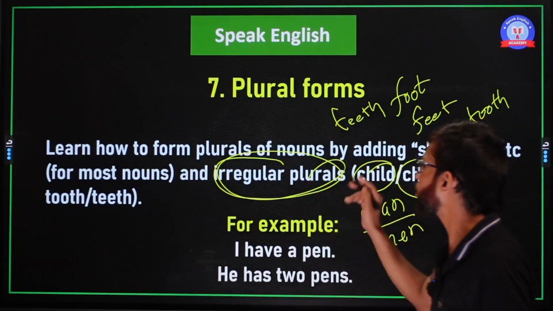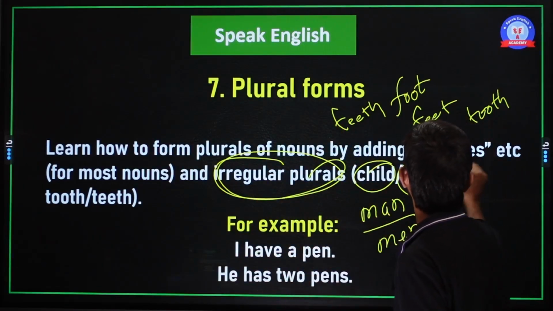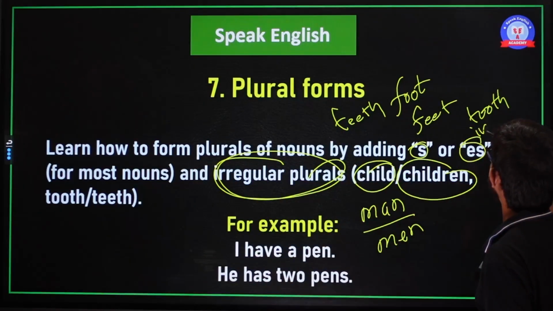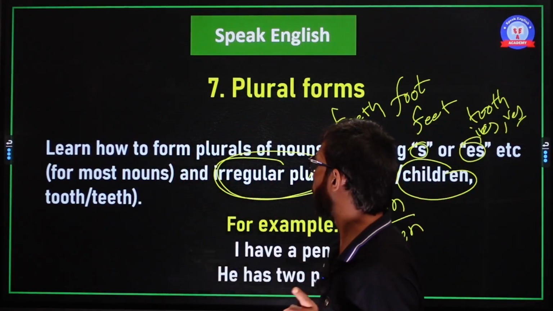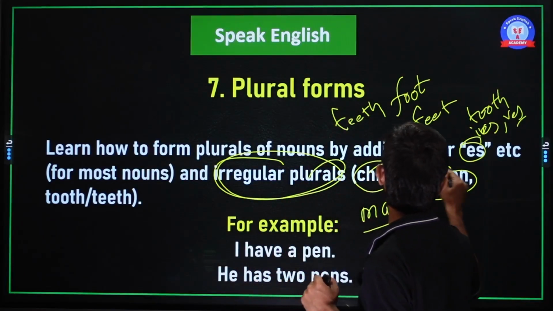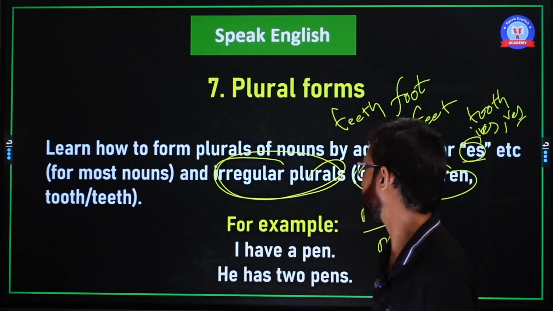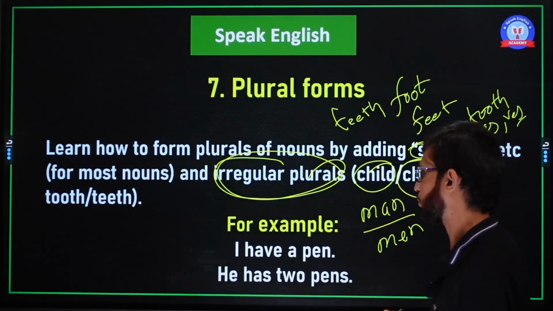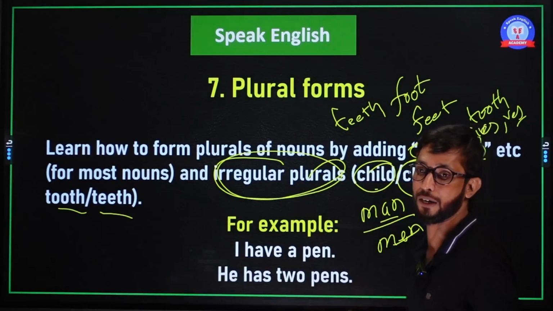But most nouns make themselves plural by adding s, es, or sometimes ves or ies. I hope you understand. But there are some exceptions like tooth, teeth, man, men, child, children, and so on.